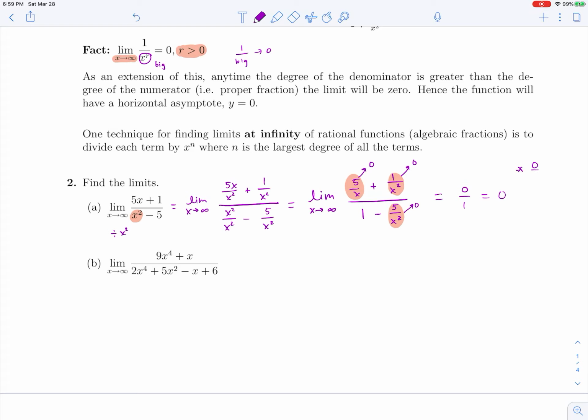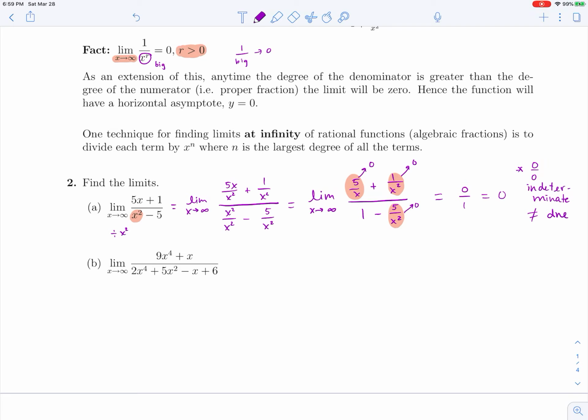Note 0 over 0 is indeterminate, which is not the same as does not exist. It means indeterminate, meaning you cannot determine whether the limit exists nor what it is when you get 0 over 0. But 0 over a constant is in fact 0, so this limit actually is 0.